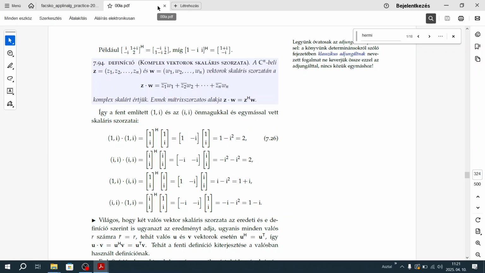So it means i times minus i, this is minus i squared, which is minus minus 1, so altogether it's 1. This is exactly what is here. So this is how you do the scalar product.